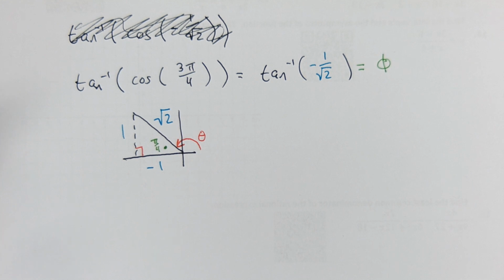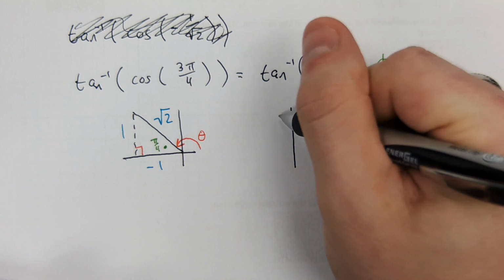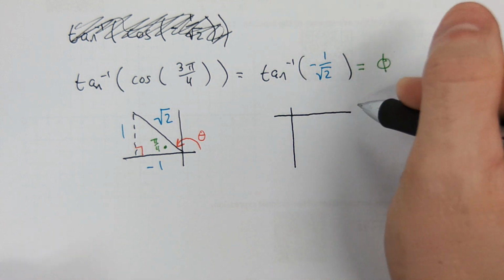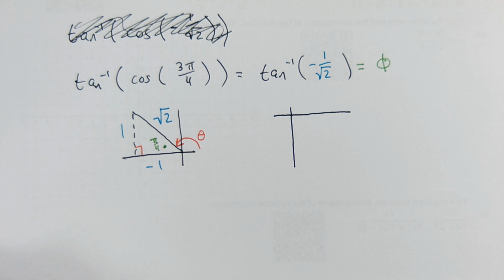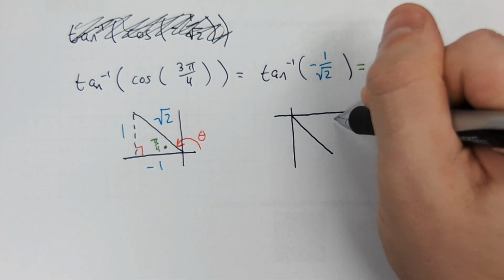Which quadrant would that have landed in? Quadrant -1, or quadrant 4, whatever you would like to call it. Because tangent is negative in quadrants 2 and 4, tangent inverse does not want to go all the way to quadrant 2. That's more work than it wants to do. It wants to stay close to 0, so we draw it here.